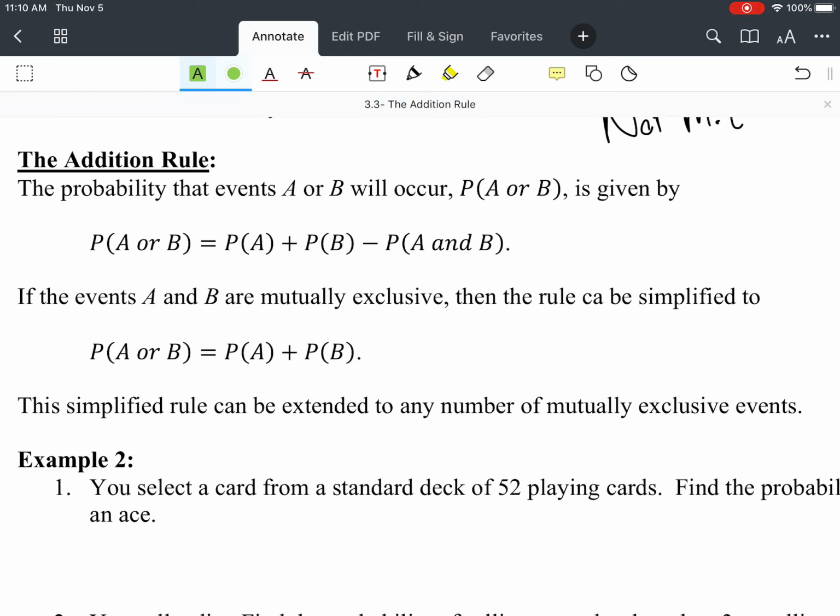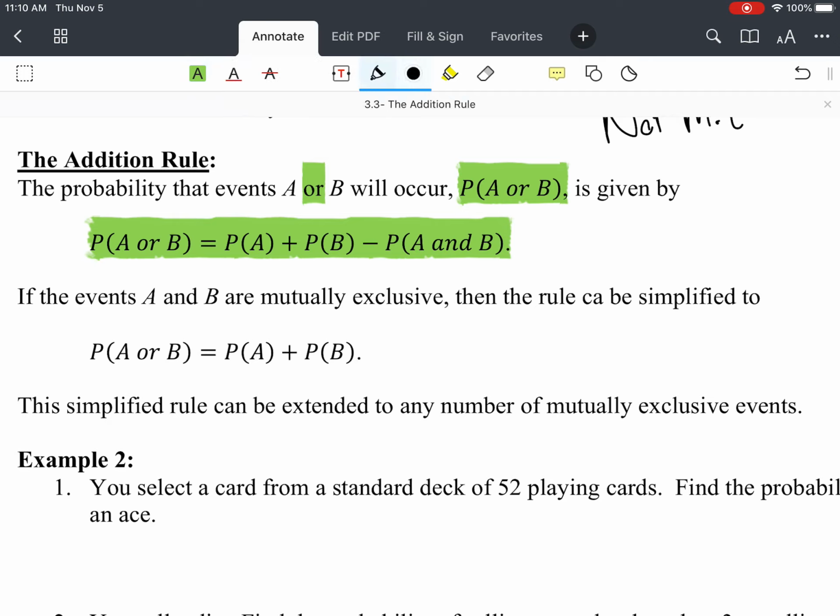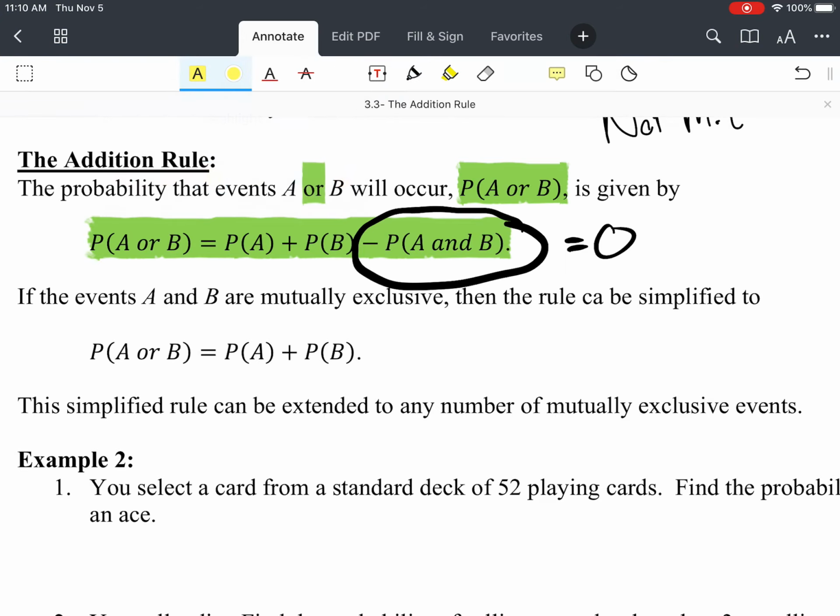Looking at the addition rule, it says that the probability that events A or B will occur, so that key word there is the or, and we denote it using the probability of A or B, is given by this equation here. This is the one that you want to memorize. Now, if they're mutually exclusive, then this A and B part actually equals 0, and so we can simplify it.